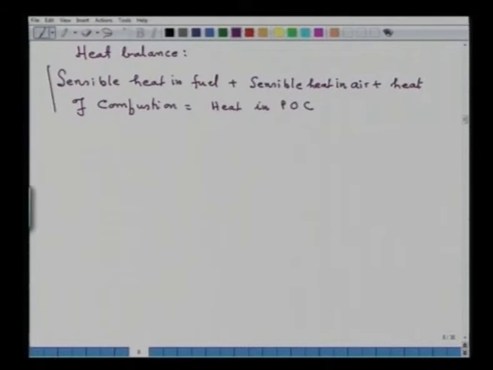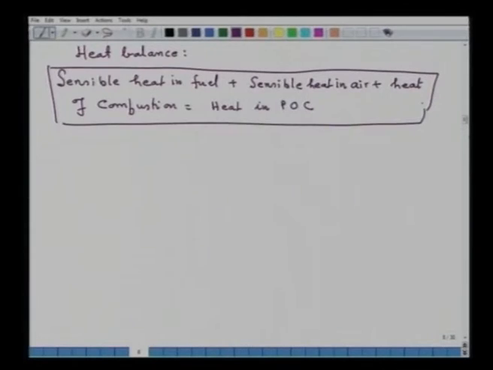Some amount of sensible heat is also added along with the air and blast furnace gas, since both are preheated.